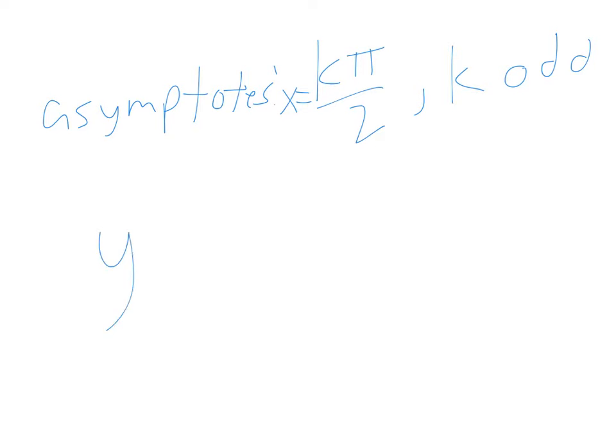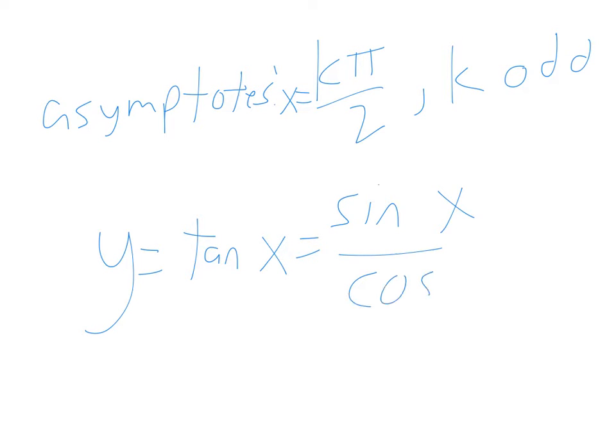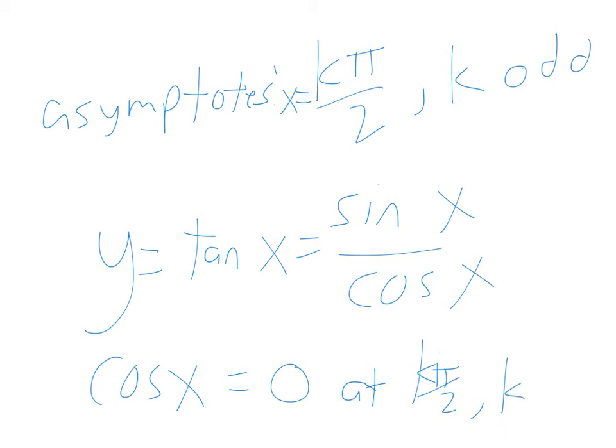This is because tangent, we just said, was sine over cosine. And cosine is equal to 0 at intervals of k pi over 2, where k is odd, like 1 pi over 2, 3 pi over 2, 5 pi over 2, 7 pi over 2, etc.